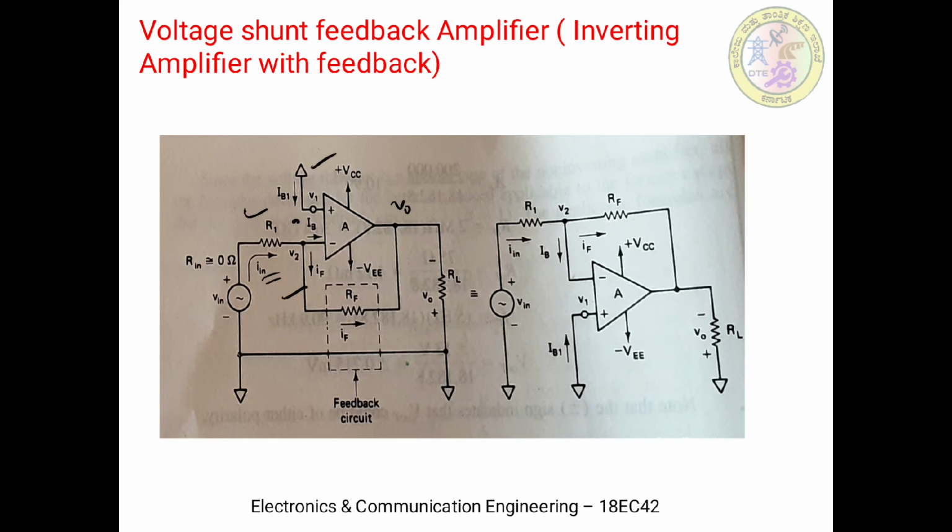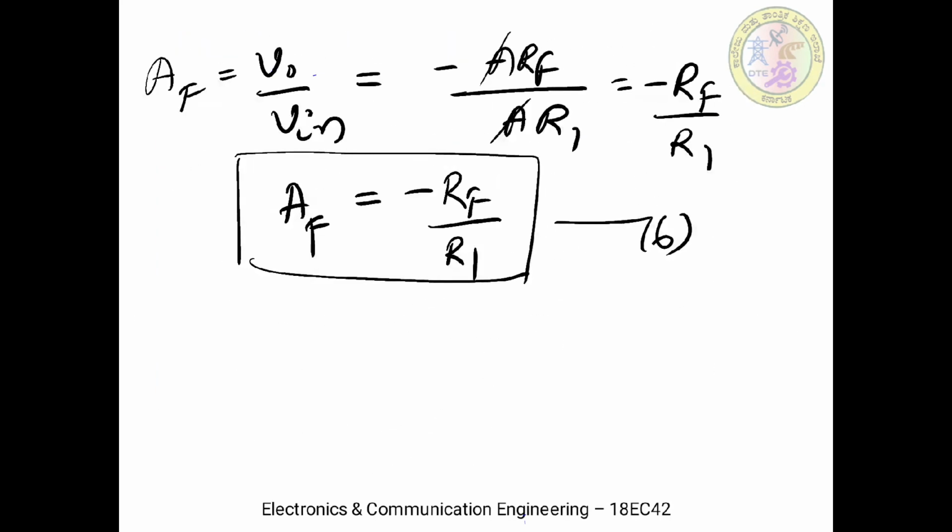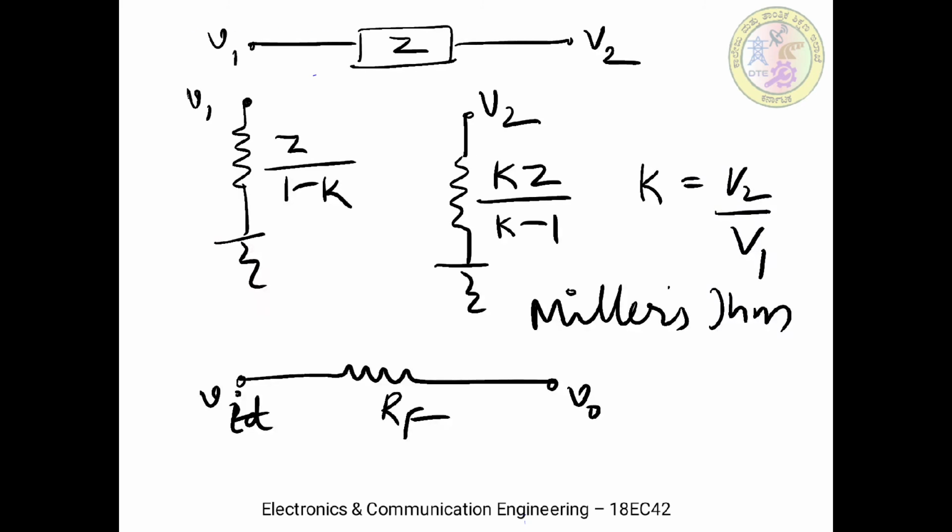Okay, so because it is the VID that is acting as input to the amplifier proper, therefore in order to convert it into Miller's equivalent components, we will take VID as the one node, V0 is the other node, and of course RF is the one which is going to connect these two nodes.